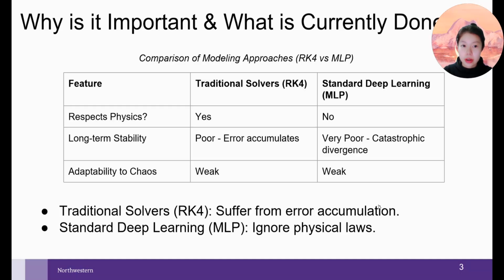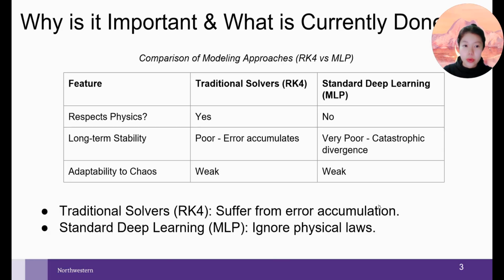So why does this matter? Being able to predict chaotic systems has massive implications for weather forecasting, fluid dynamics, and engineering. Currently, we rely on traditional numerical methods like the Runge-Kutta or RK4 family of solvers.